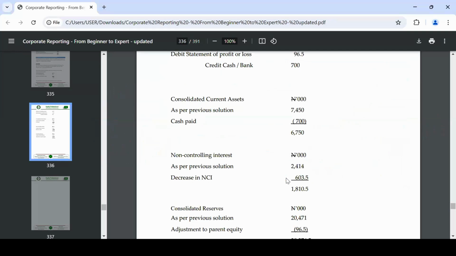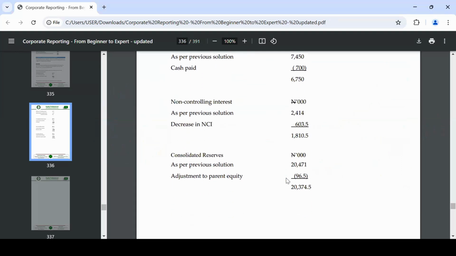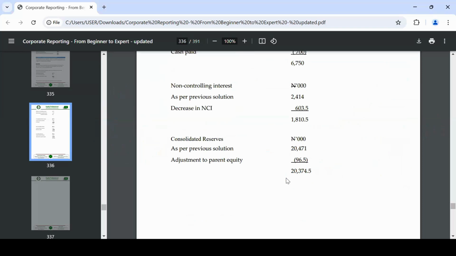Also, as per our previous solution, our current asset was 7,450. You have paid cash now. Cash has reduced by 700, meaning that your current assets will also reduce by that 700. Of course, your NCI, you have sold 10%. NCI have sold 10% to parent.